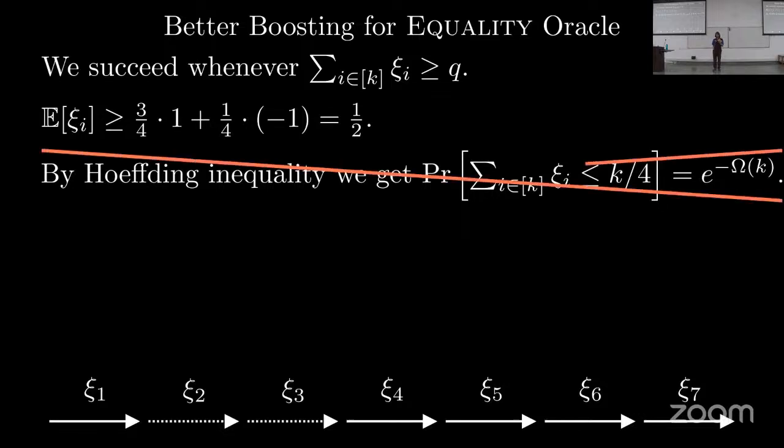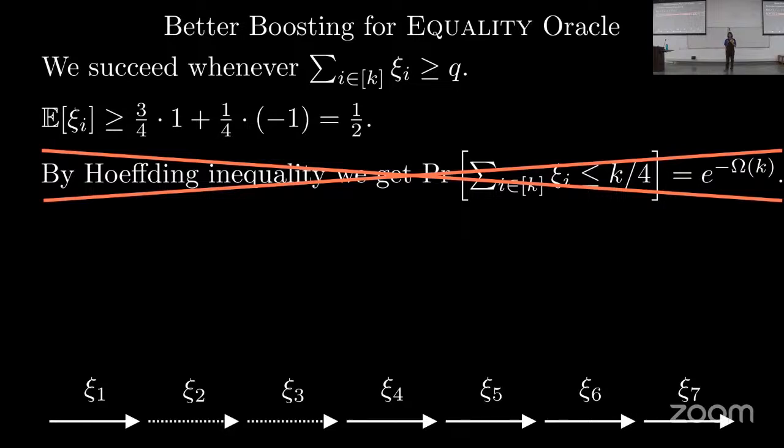Unfortunately not, we cannot apply the classical concentration inequalities here because these variables are not independent. The previous steps may affect the subsequent steps. There are some examples of this, but this is not a huge deal.